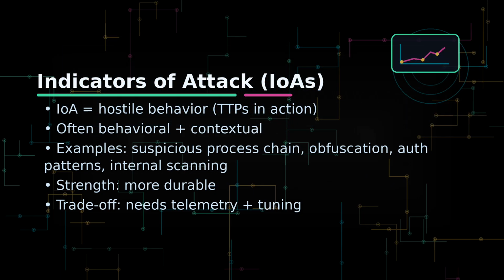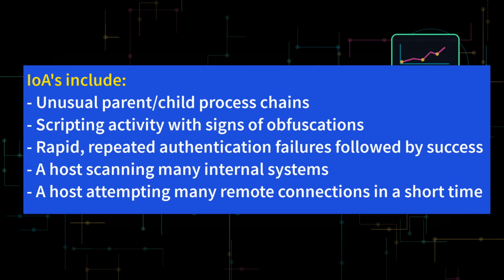Examples of IoAs include unusual parent/child process chains, for example, an Office document spawning a command interpreter. Scripting activity with signs of obfuscation, encoded or heavily shortened commands. Rapid, repeated authentication failures, followed by success, especially from a new location.